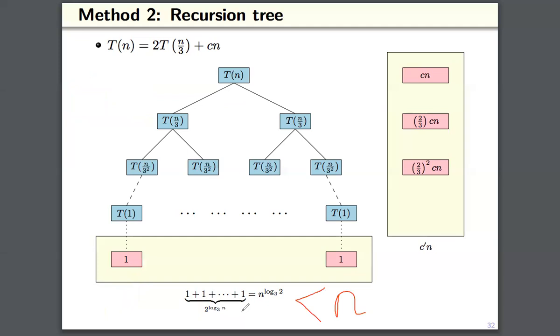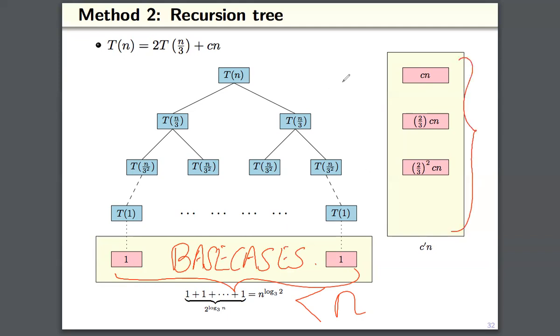So the point is this. In every divide and conquer algorithm, there are a couple of computations in the base cases. All these are the base cases. And all these are for dividing and combining the tasks.